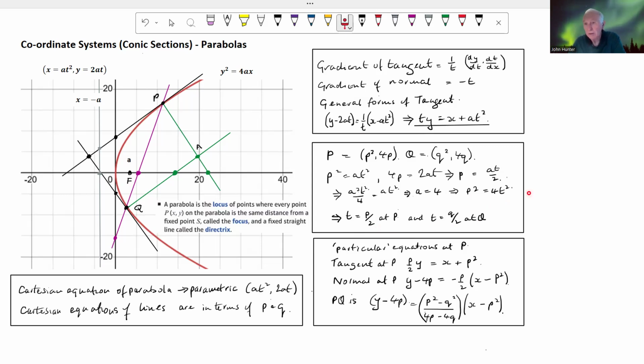Now we don't know little p and little q, but there's lots of stuff that we can do just by knowing this. One thing we can do is derive what I call the particular equations.